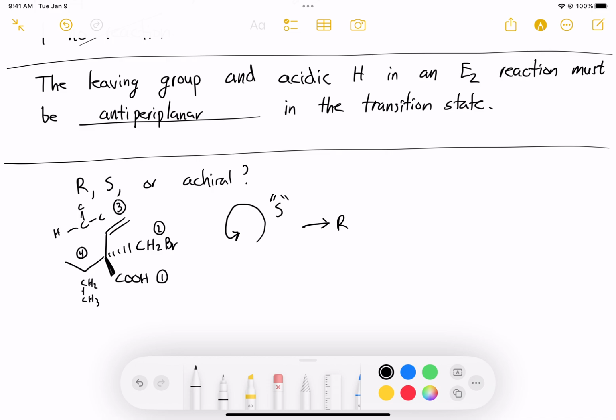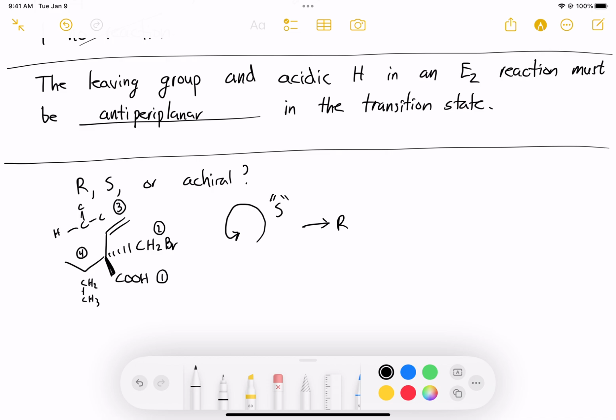I think if we were to rearrange it here, well, there's no need to rearrange it though. But if you were to rearrange it, let's see.